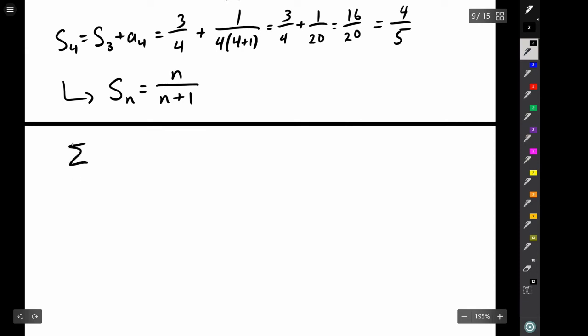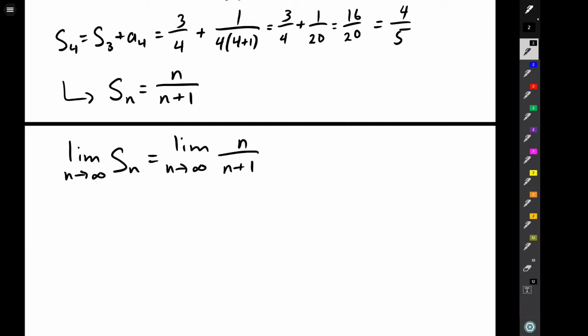So for the series, let's write this down: the limit as n goes to infinity of S_n. This is asking for the limit as n goes to infinity of n over n plus 1. It's completely up to you how you want to compute this limit, whether you want to use the limit command in Mathematica or your knowledge from last semester's calculus course. Either way, you should find that this limit is 1.